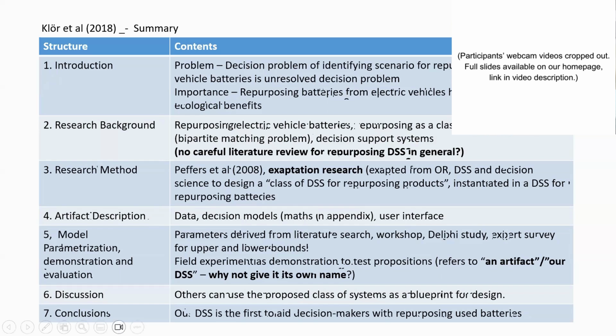So I found from experience, it's very helpful if you've built an artifact to try and give it some sort of distinctive name. So it's not very good just to keep talking about it as an artifact or our DSS. It would have been better perhaps to call it something like, what's distinctive about this? It used a bipartite matching problem. So we got a matching artifact.